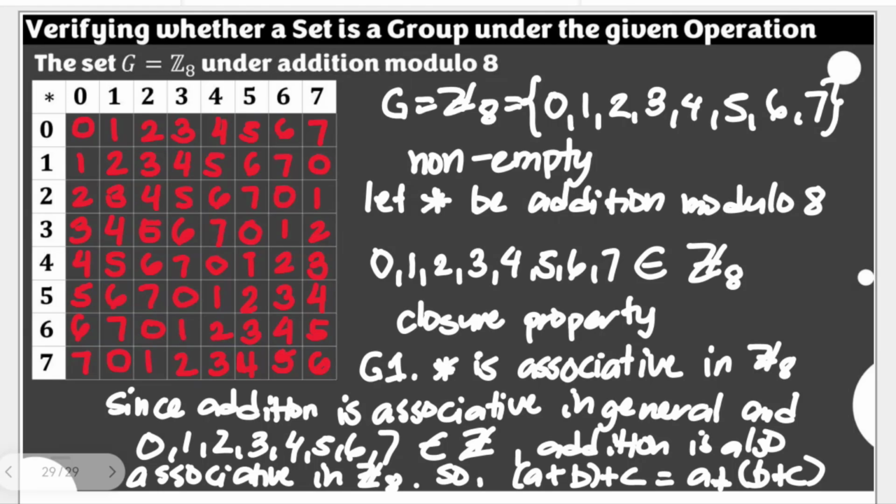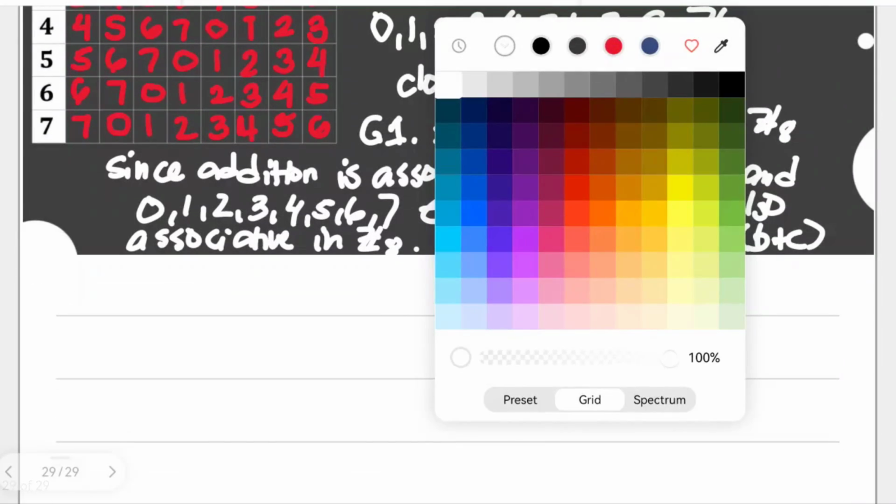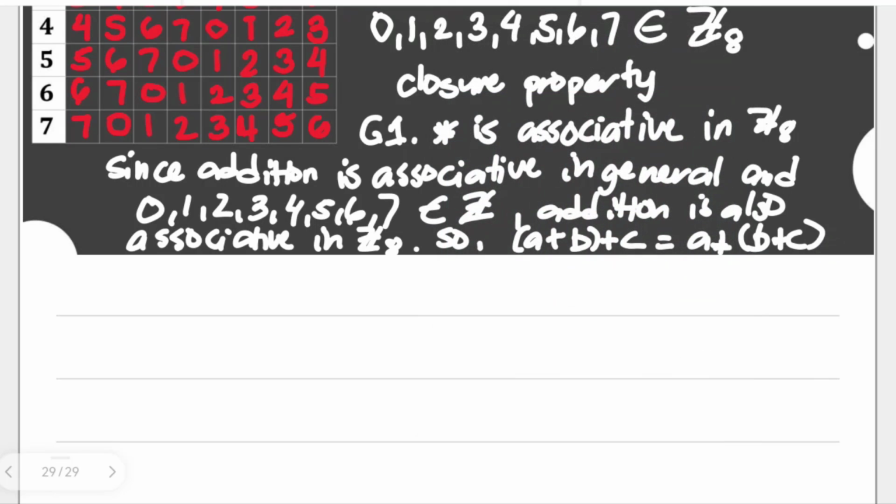This would mean that the result of this A plus B plus C, if we're going to have it equal to D, is also the same as A plus the grouping B plus C, right?